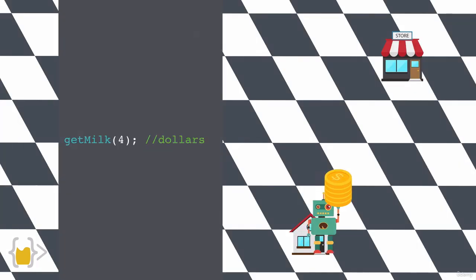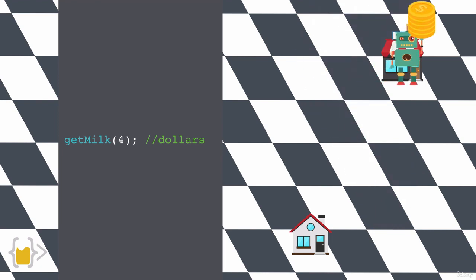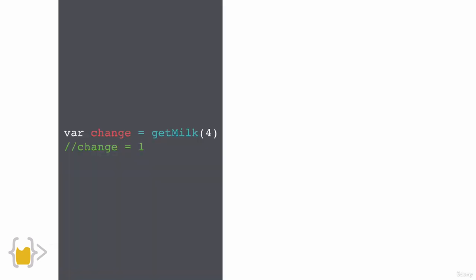So in this function, if we gave an input of $4 and each bottle of milk costs $1.5, then the robot will buy 2 bottles of milk, which will cost $3, and it'll give us $1 change. And that $1 of change is the output from this function, which we can bind to a variable called change. So for example, we can say variable change is equal to the outcome of the function getMilk with an input of 4.